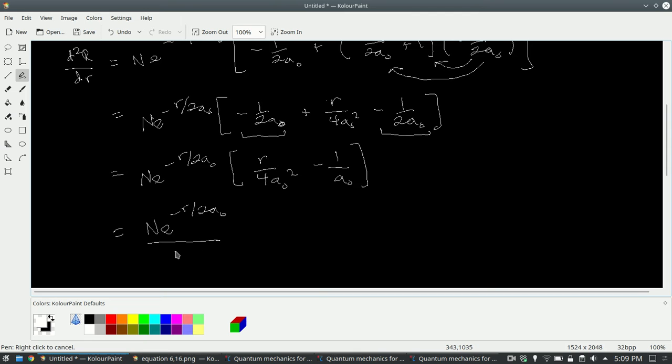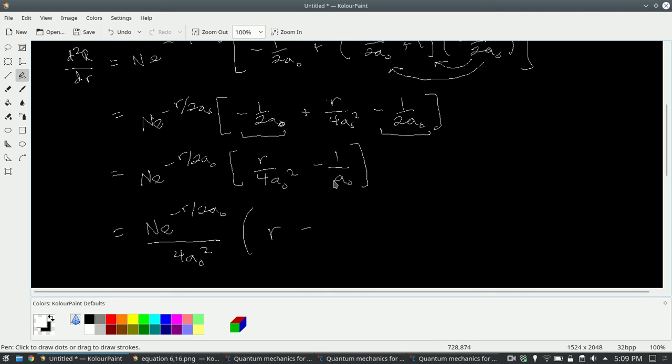So I'm going to factor out a 1 over 4a naught squared. It's some kind of a weird thing. I don't think other people would do that, but I want to do it. So factoring it out means dividing this. If you divide this by 1 over 4a naught squared, then the 4a naught squared disappears from the bottom there.